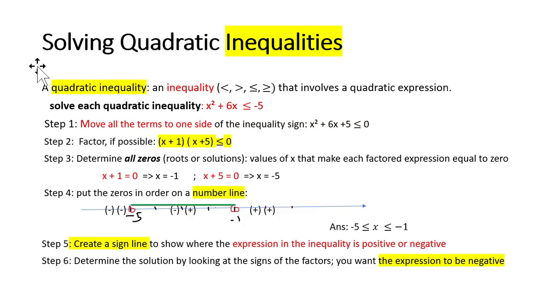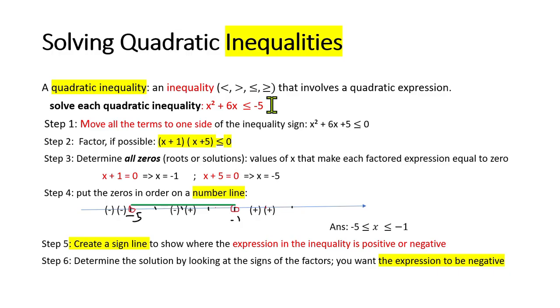Now, so far we dealt with equality, quadratic equation, ax squared plus bx plus c equals 0. But what about inequality, like x squared plus 6x less than or equal to minus 5? You see the inequality sign, less than, greater than, or less than or equal, or greater than or equal to.